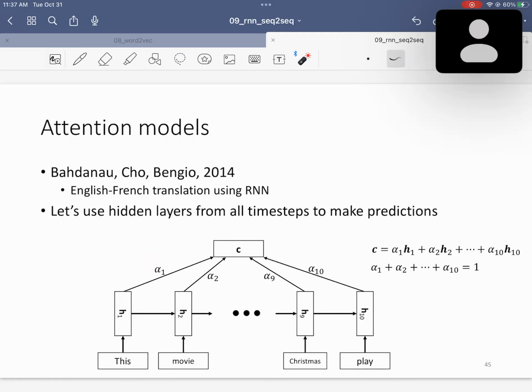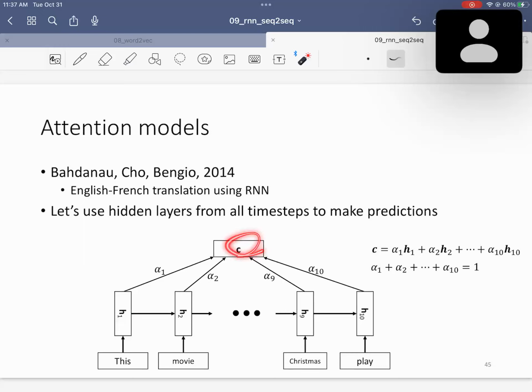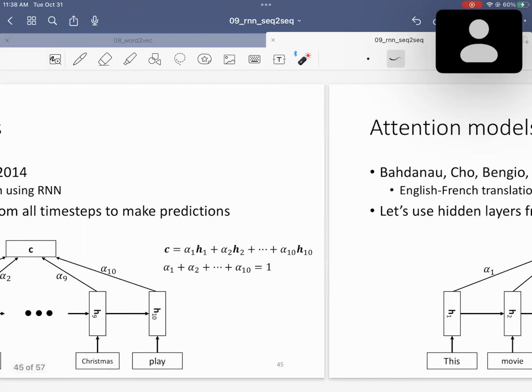So you need a sum-to-1 constraint. C, the context vector, is a convex sum of H1 to H10. And you don't decide the values of these alphas. The model will automatically decide the alpha values for you, which is the core idea of attention models.